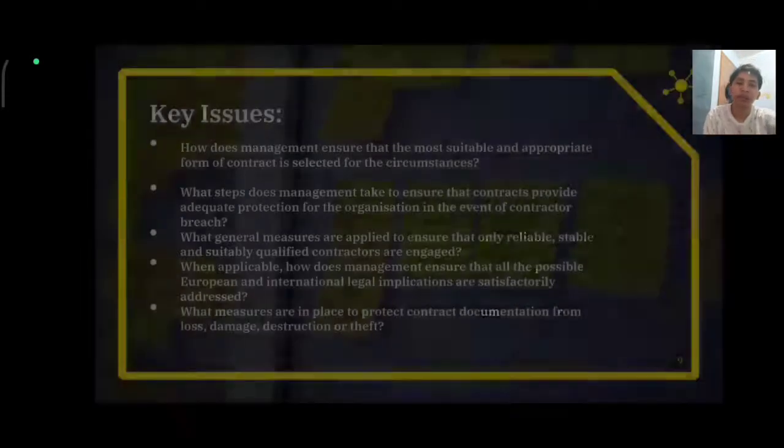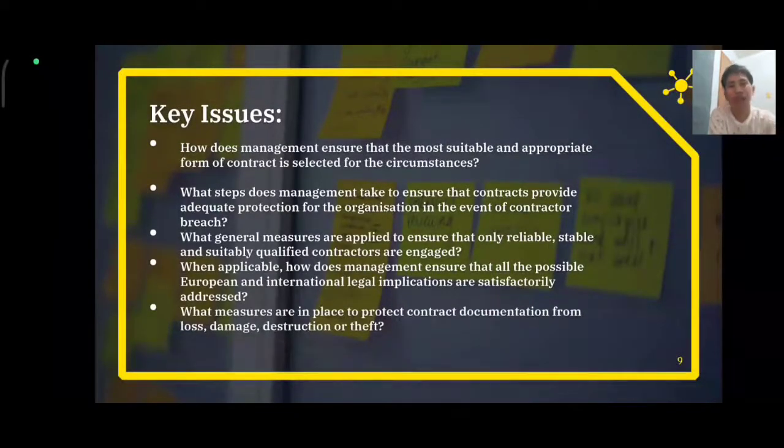So, yan. Then, key issues is how does management ensure that the most suitable and appropriate form of contract is selected for the circumstances.